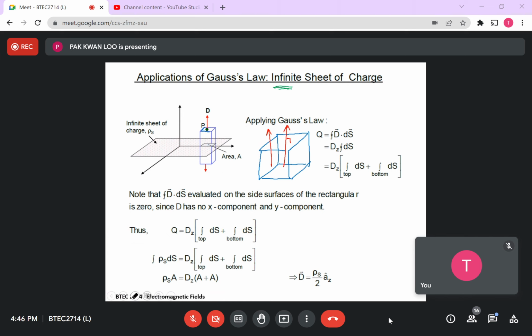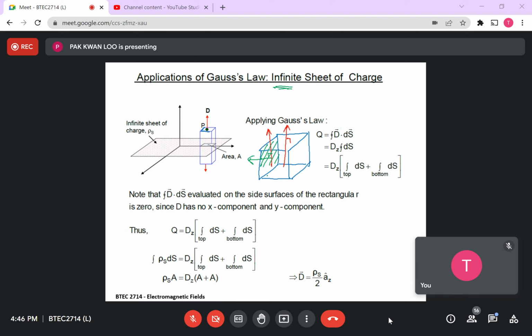For this shaded area, the normal to this surface is perpendicular to the direction of the electric field. Therefore, the flux on this surface is zero, because D dot dS is going to be zero.